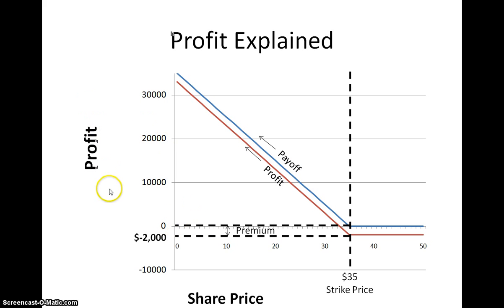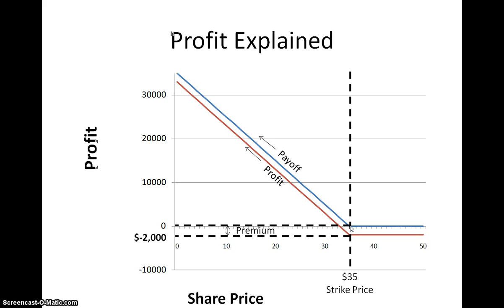On the vertical axis, we're showing profit, the amount you receive, and on the horizontal axis is share price. I put the strike price here, which was at $35 per share, which is this line. $0 is what you receive if the share price is 35. That's what your payoff would be.